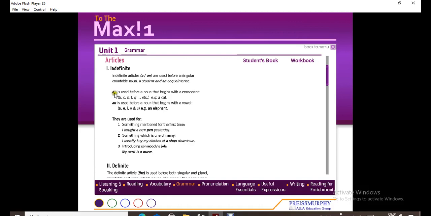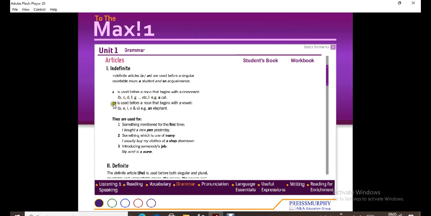Now, a is used before a noun that begins with a consonant, for example, a cat, like b, k, d, f, for example, bag, car, dog, etc.